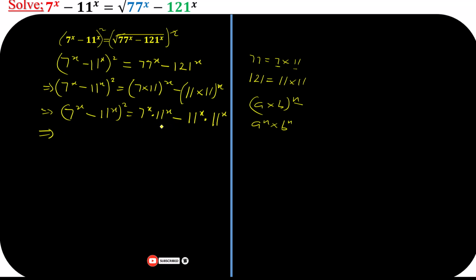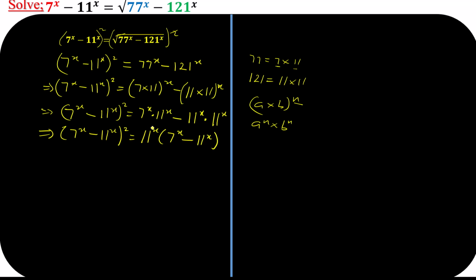Now the next thing is to factorize 11 out here, because we have 11 here and 11 there. So I can take 11 to the power x out, not 11. So we have this, minus 11 to the power x.